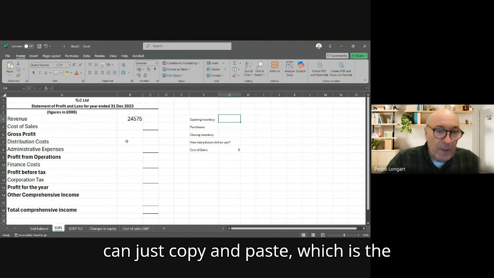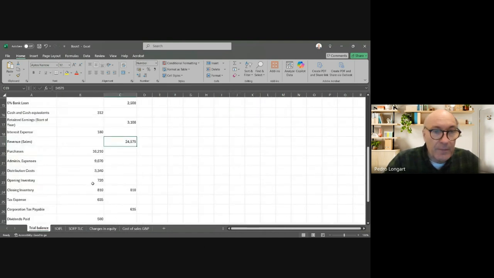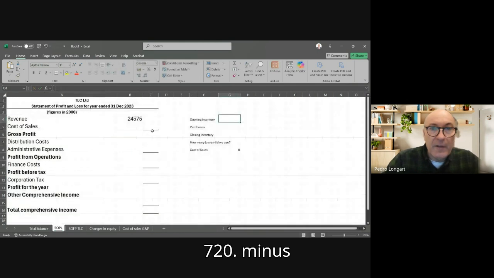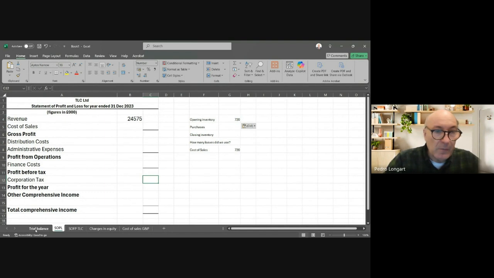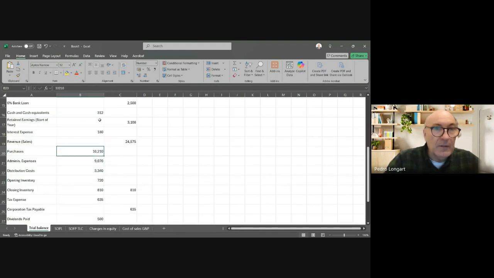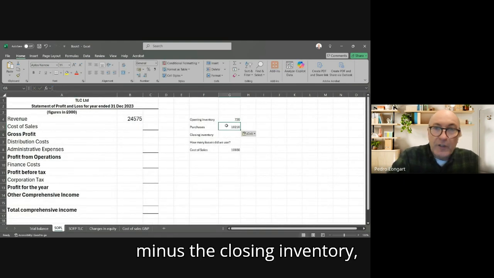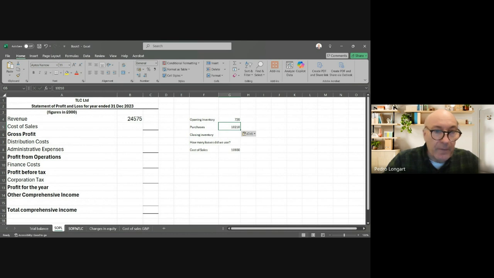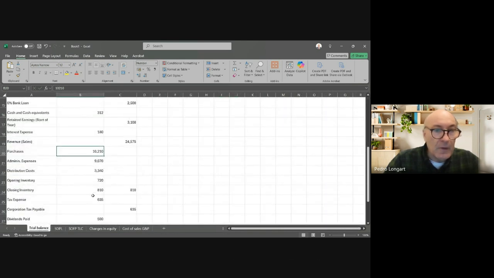I can just copy and paste, which is the best approach. 720, plus the purchases, 10,210, minus the closing inventory, which I have here as 810.